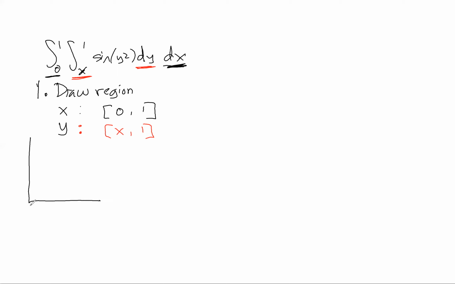What we do now is we draw the region, we draw the x's first. X is 0 to 1. Now we draw the y second. We'll have an x, and then we'll have a 1. So x, that's just this line.